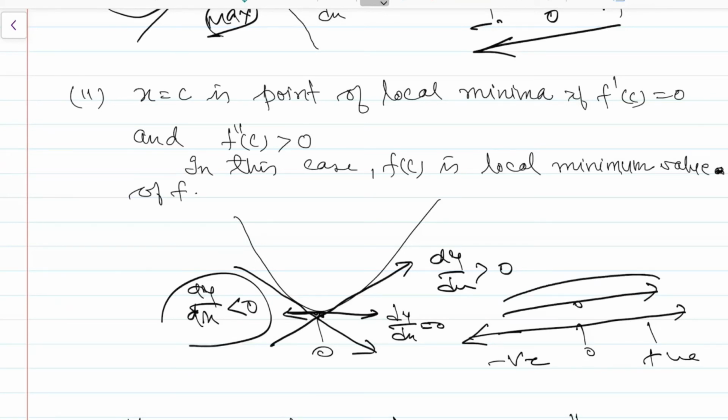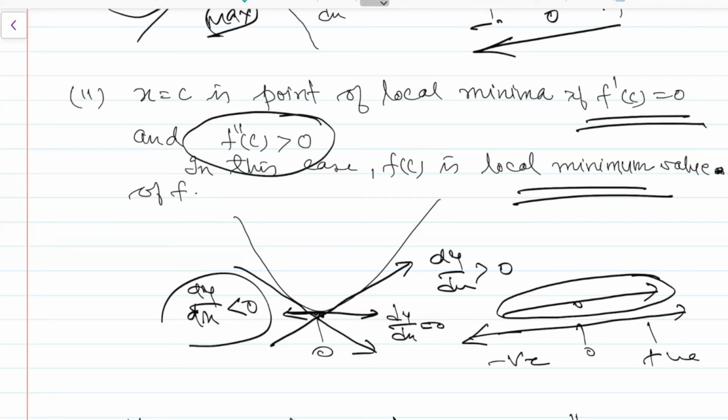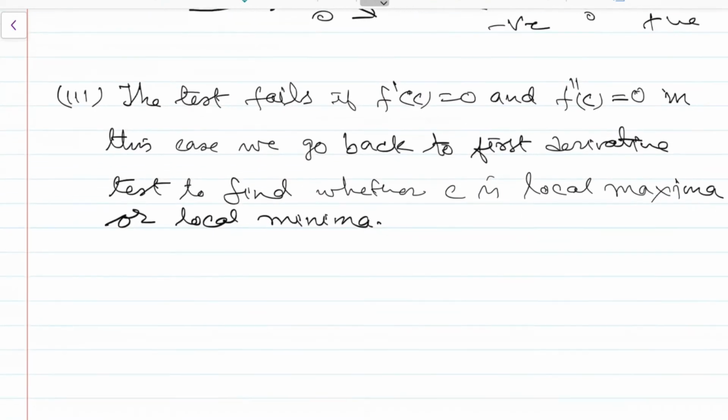It means that the value of the first derivative is increasing. If the value of first derivative is increasing, it means that its second derivative should be positive. So at local minima point, first derivative will be 0 and second derivative will be positive. Why positive? Because at local minimum point, first derivative is increasing from negative to positive.